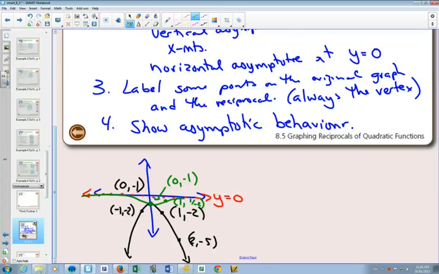And what do we get when we draw the asymptotic behavior? The little pothole. So if the vertex, in this case on the black graph, you see how the vertex is the highest your graph ever gets. It's the highest point on the black graph is the vertex.